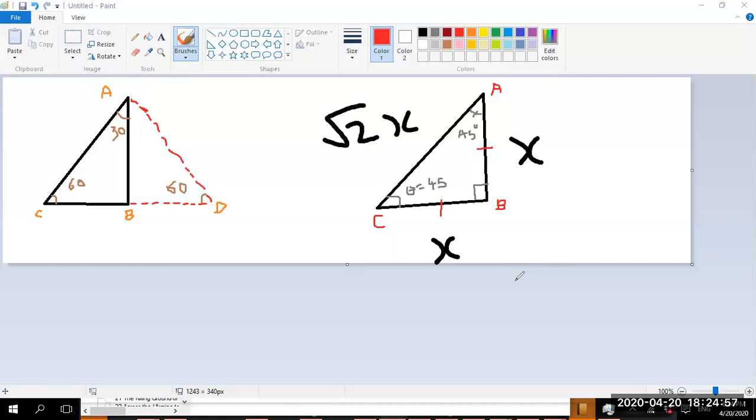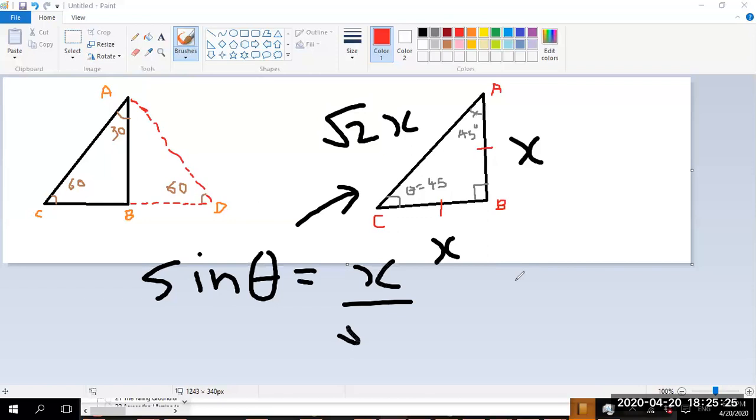So what is sine theta in this triangle, the right one? Sine theta will be x over root 2 x, which is 1 over root 2. The x cancels out, so it's 1 by root 2.